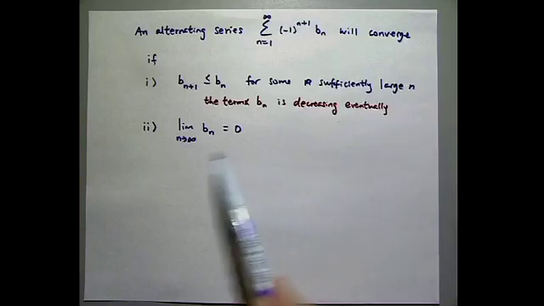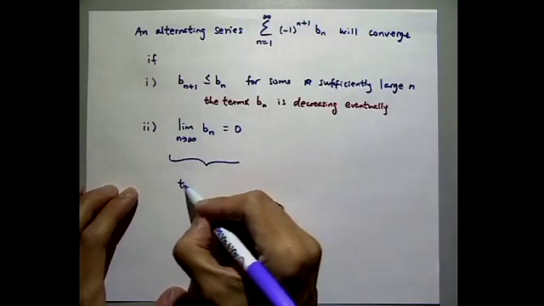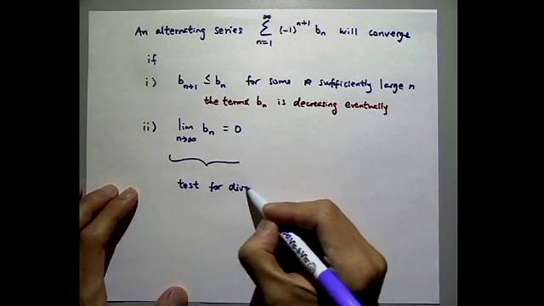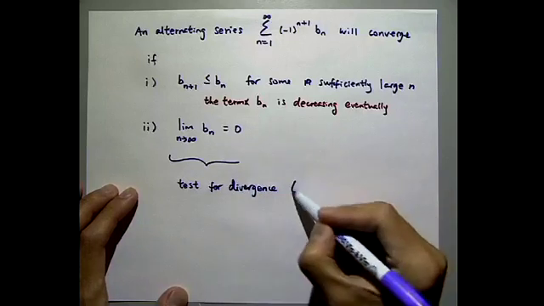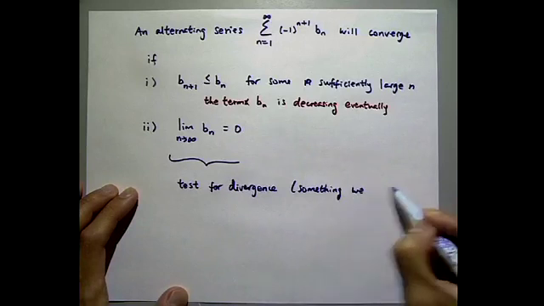This is what we always check the first time, which is something we already check.